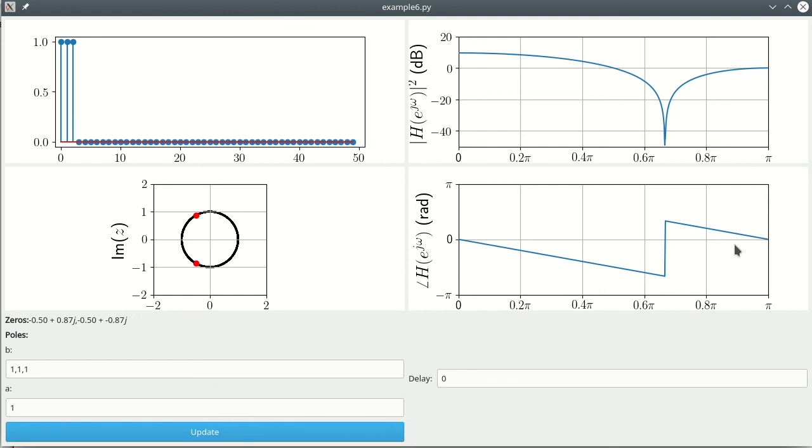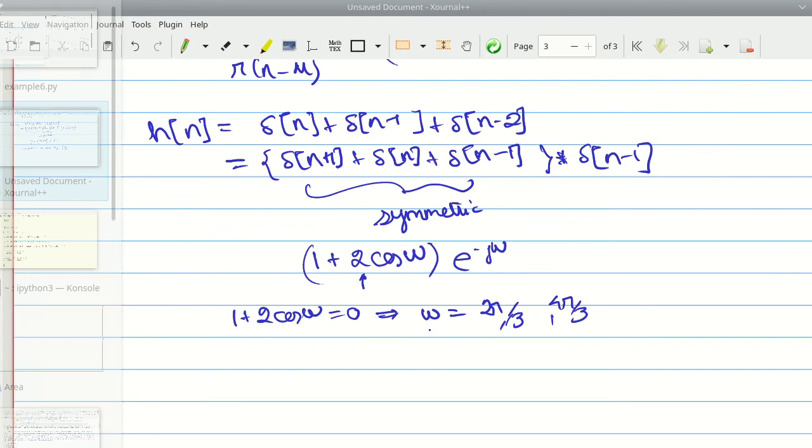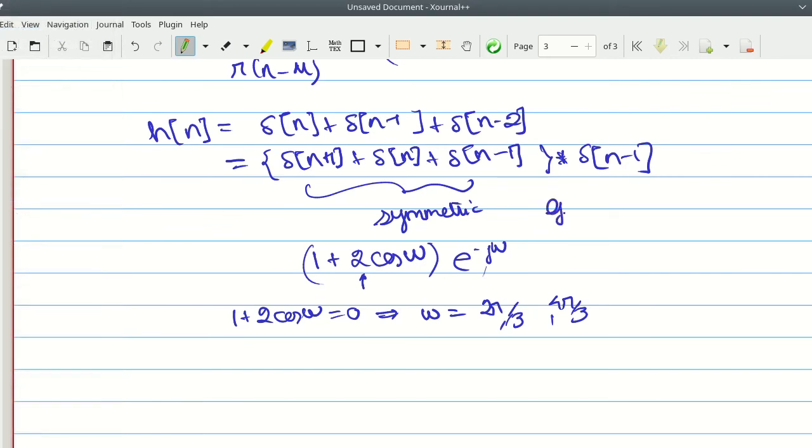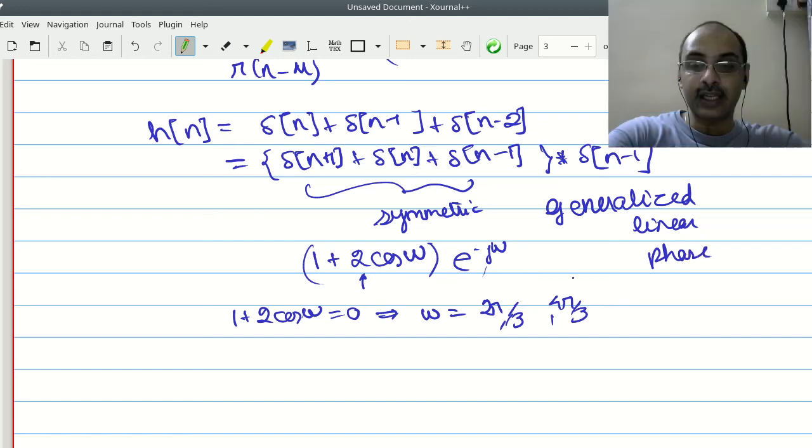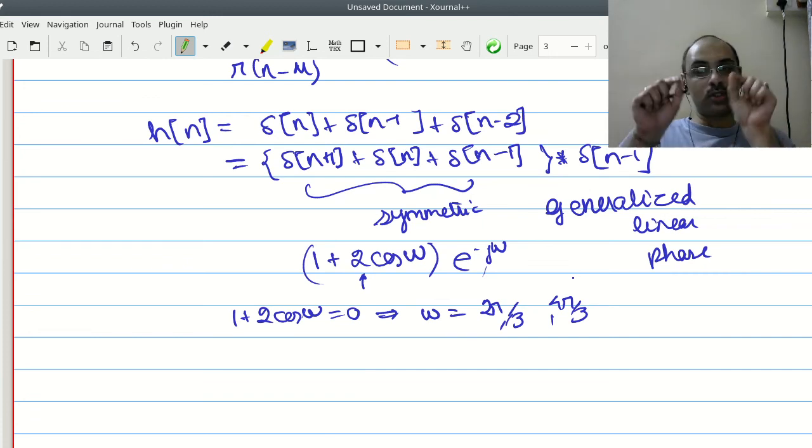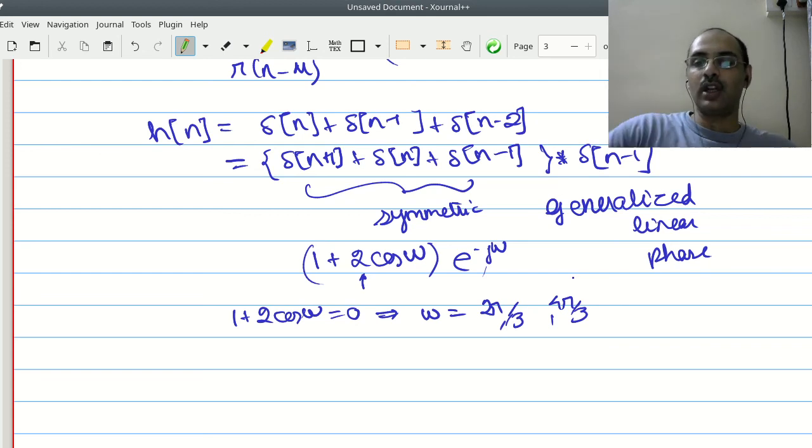Such filters or systems are called generalized linear phase, meaning their group delay is not defined at certain points, but you don't need to worry about them because those points are exactly where the gain is 0.